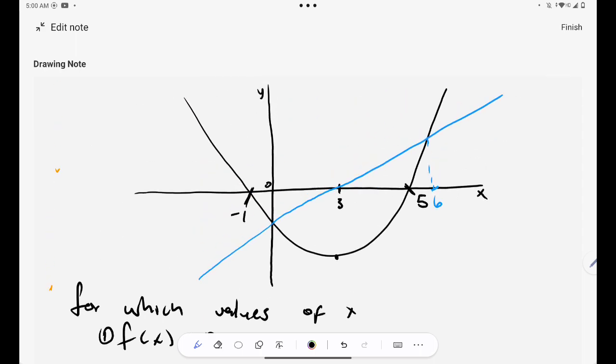Okay, this graph, the quadratic function represents f of x, ne? And then the other one, it's g of x.